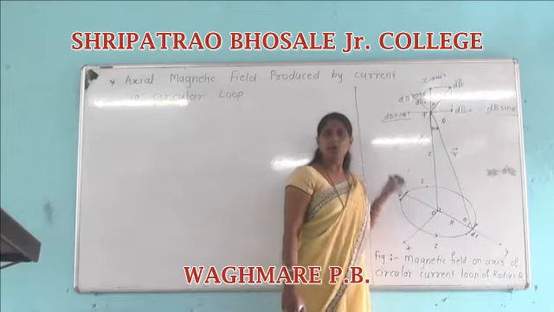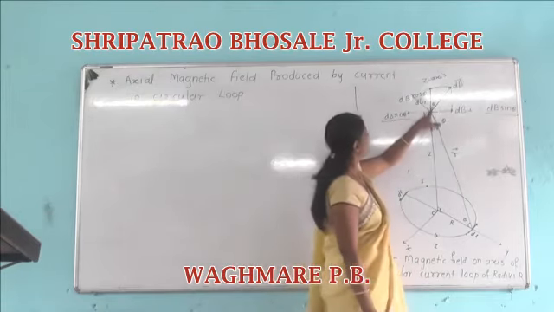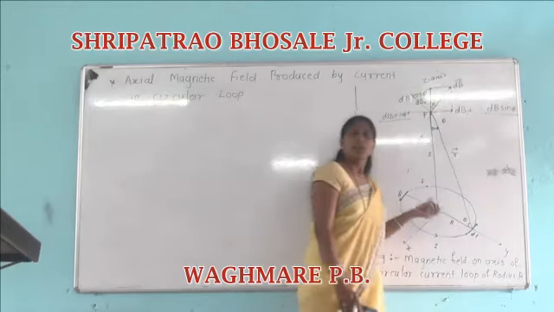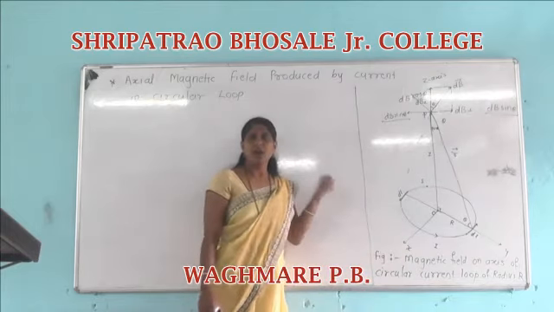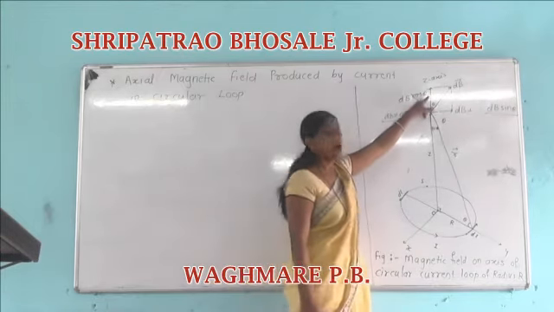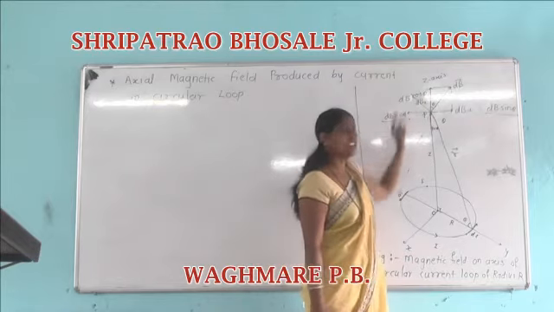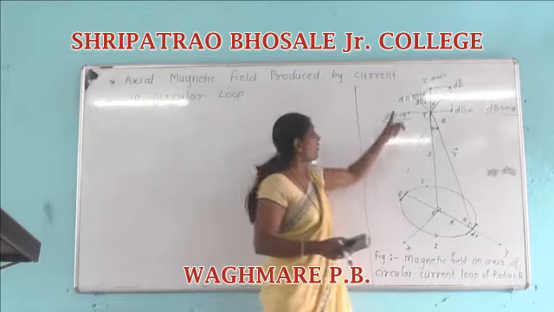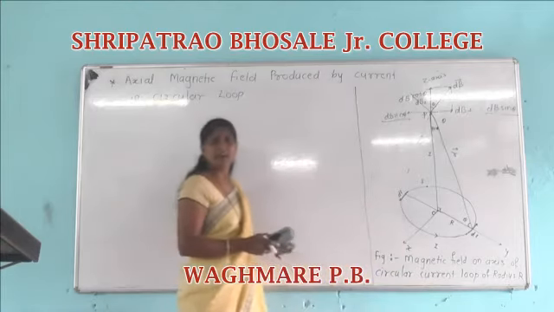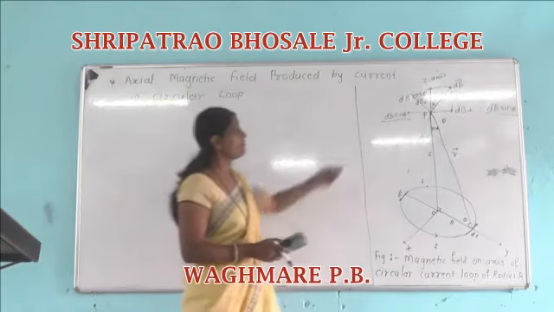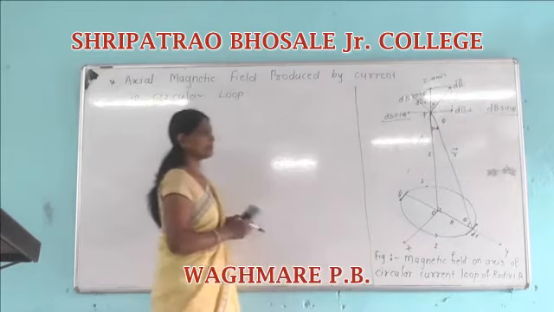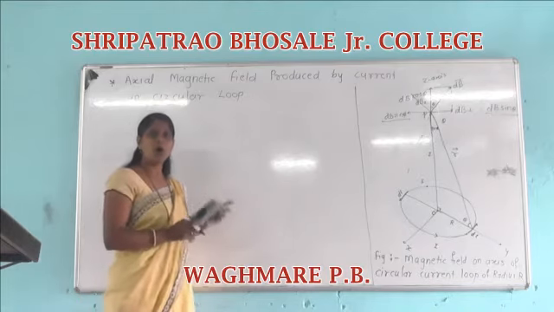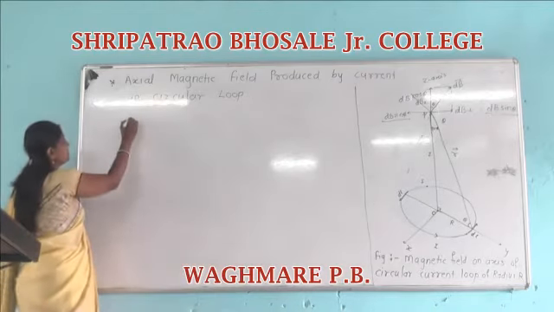Therefore, the total magnetic field will be considered along the z axis, that is the dB cos theta components, which will be added. We can take the sum of all these elements and find the total magnetic field at the point P.